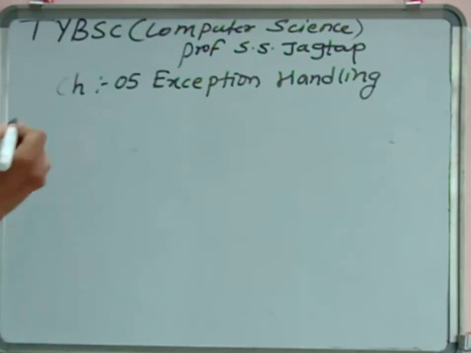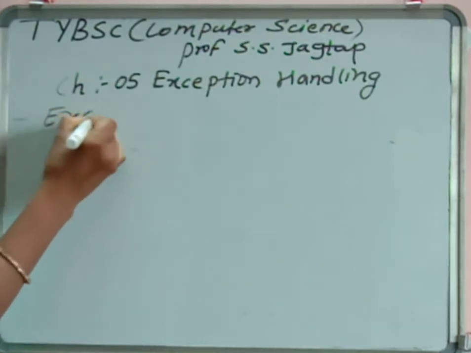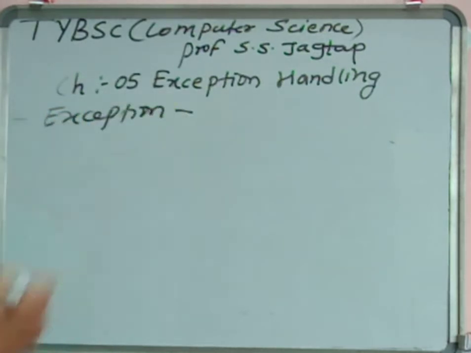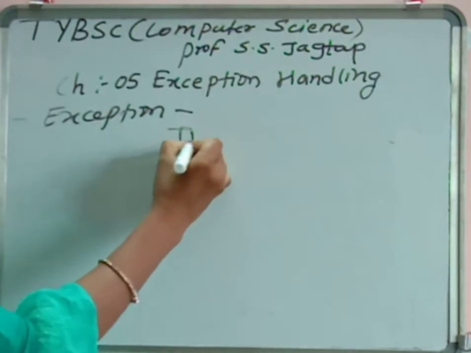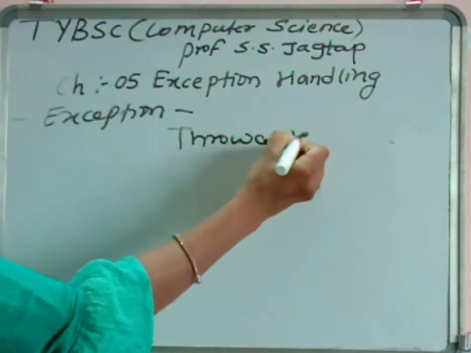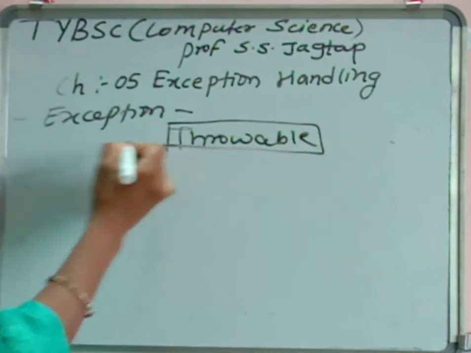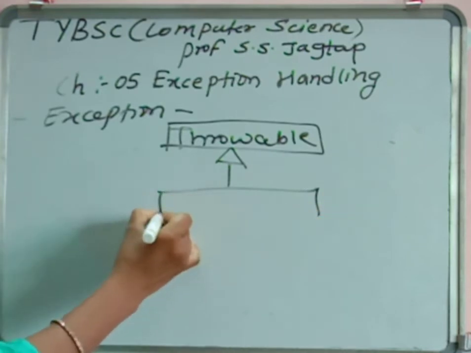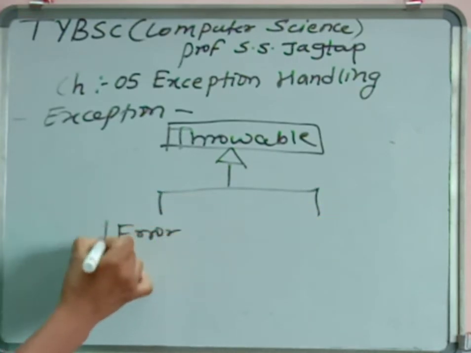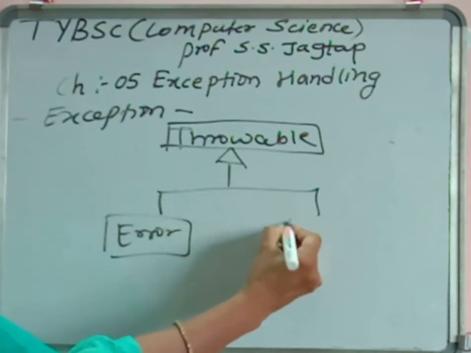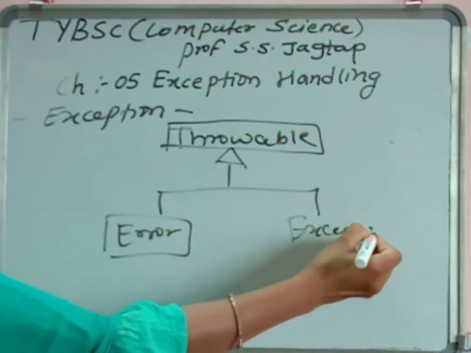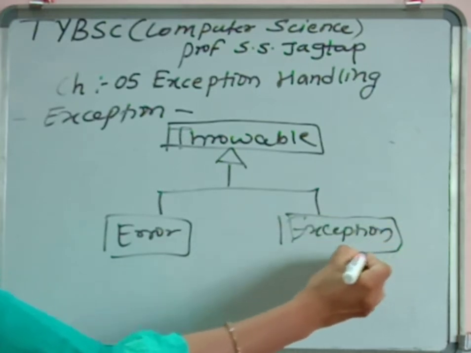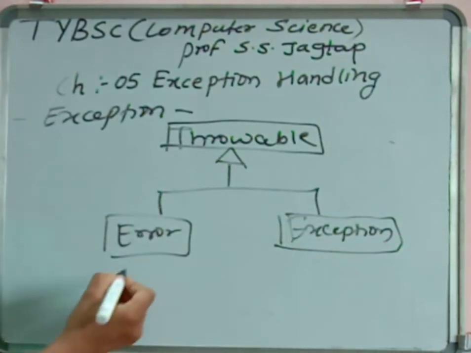First of all, we will see what is meant by exception. Exception is an abnormal condition that occurs during the execution of a program. It consists of Throwable, which is the class. We generalize two classes, that is Error and Exception.